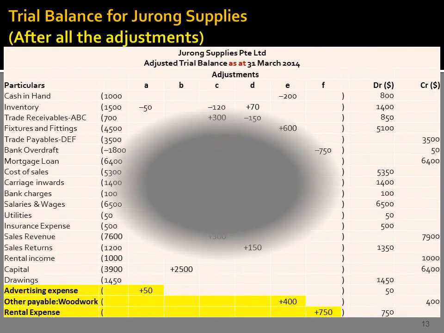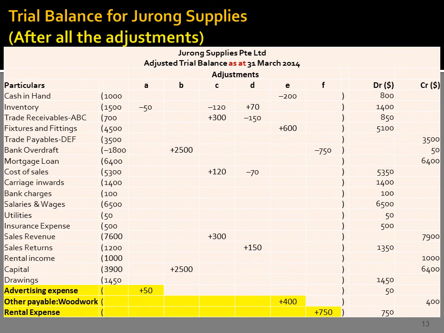Once we have computed the respective amounts for the accounts and placed them in the respective columns, we would then sum up the debit column. Then we will sum up all these figures in the credit column. We need to check that the total debits equal the total credits.